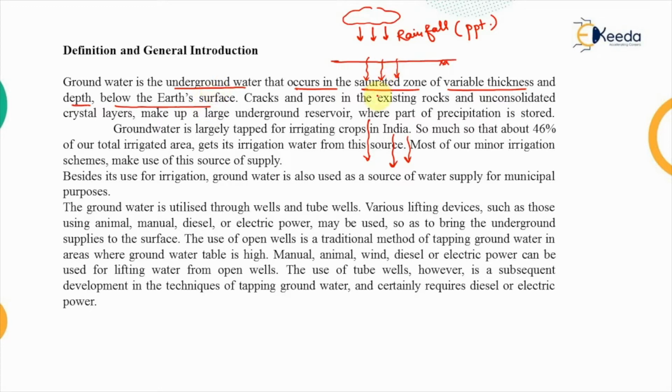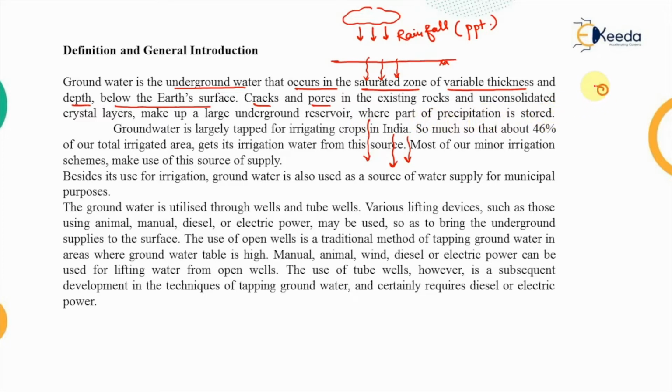What this saturated zone is, we will see in a while. Cracks and pores in the existing rocks and unconsolidated crystal layers make up a large underground reservoir where part of the precipitation is stored.